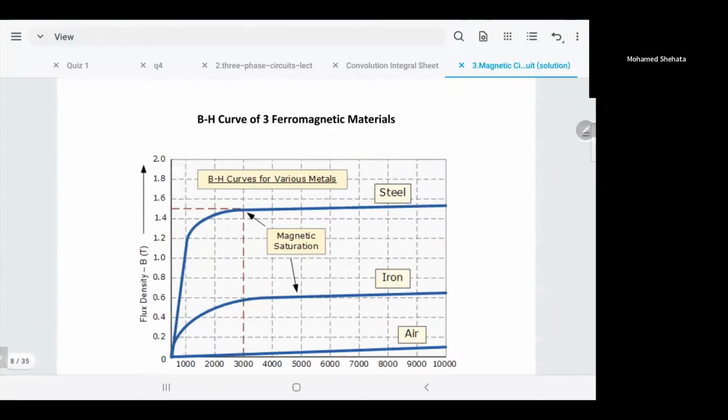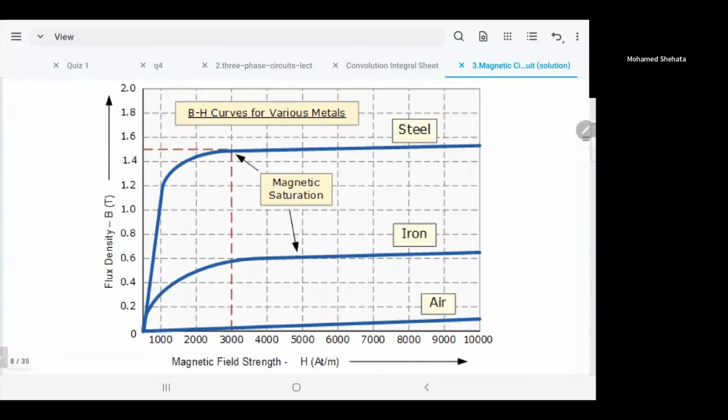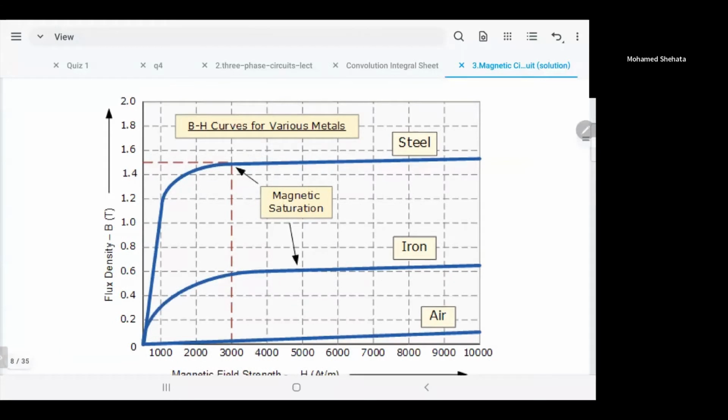Go to another material, and the situation is different. It's a straight line, and after that it starts to saturate. Why? Iron, steel, whatever we have, the flux and flux density keep increasing until you reach a specific point, but then the increase in the flux density is really small.